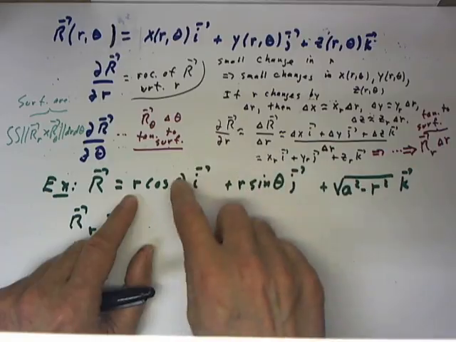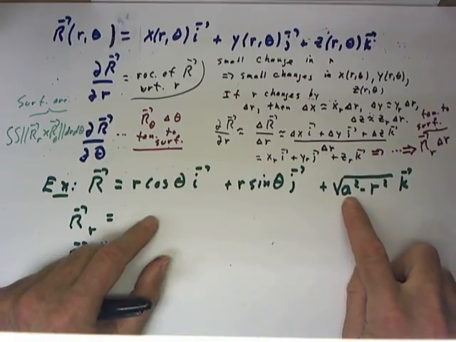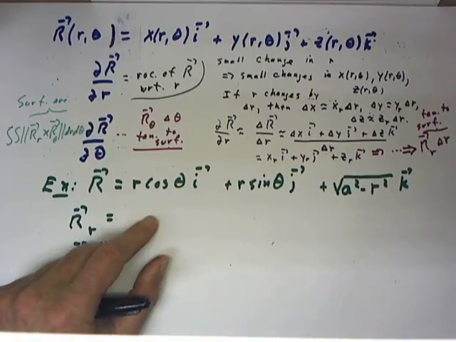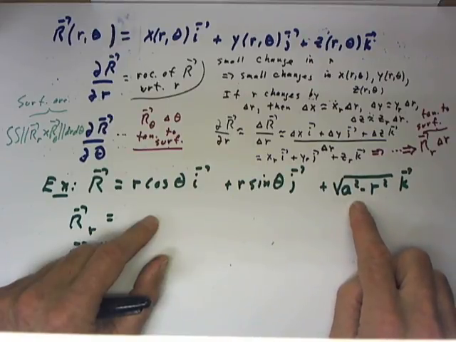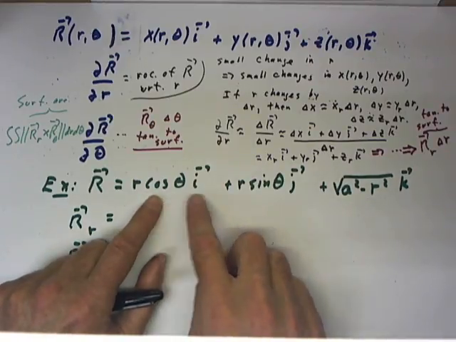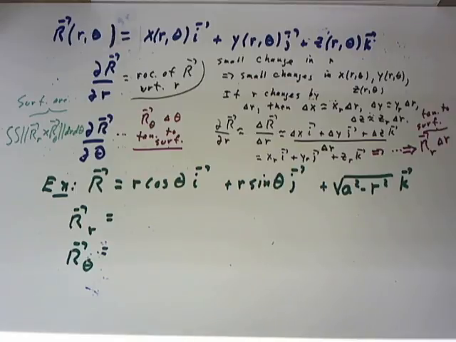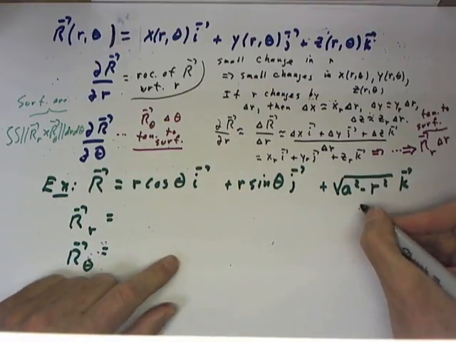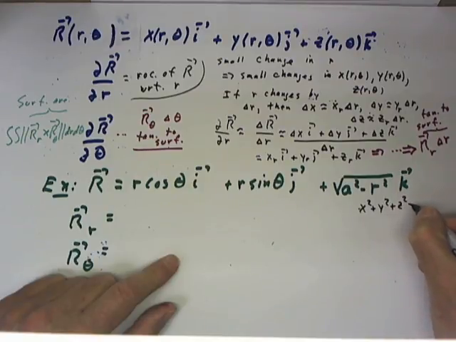This is just a circle in the xy plane, and as long as r isn't bigger than a, our k coordinate, our z coordinate, is related to the x and y coordinates by the simple relationship that you can verify yourself: x squared plus y squared plus z squared equals a squared.